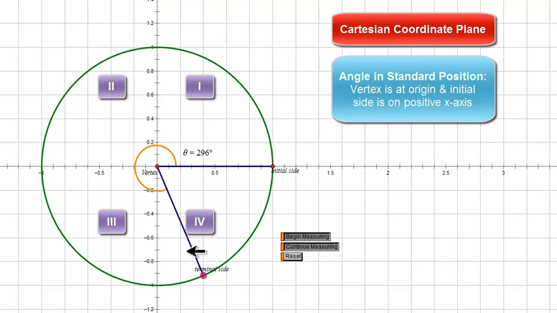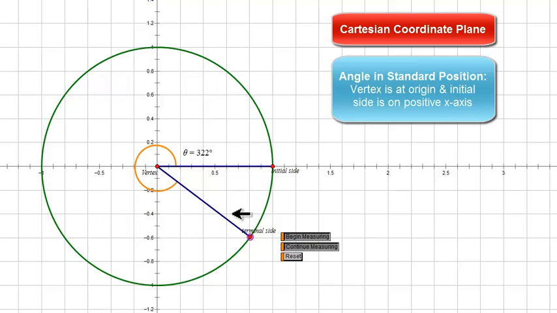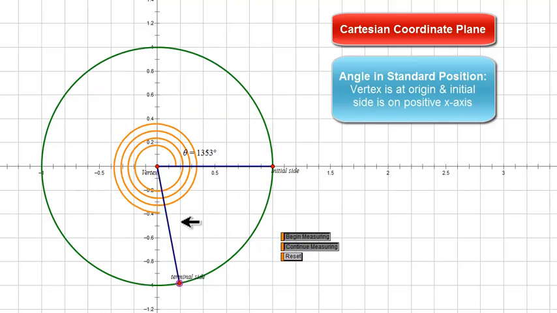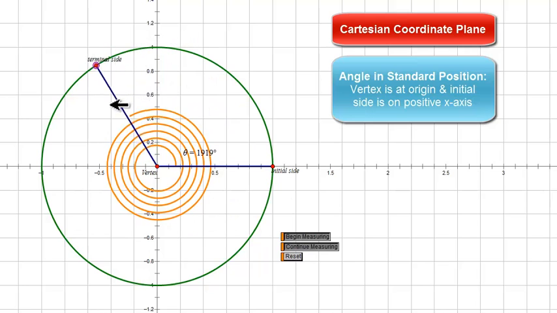Now you may be wondering, what happens if I travel past 360? Well, it keeps adding, and you can keep winding this up forever and ever. Look at the angle, it's getting massive.